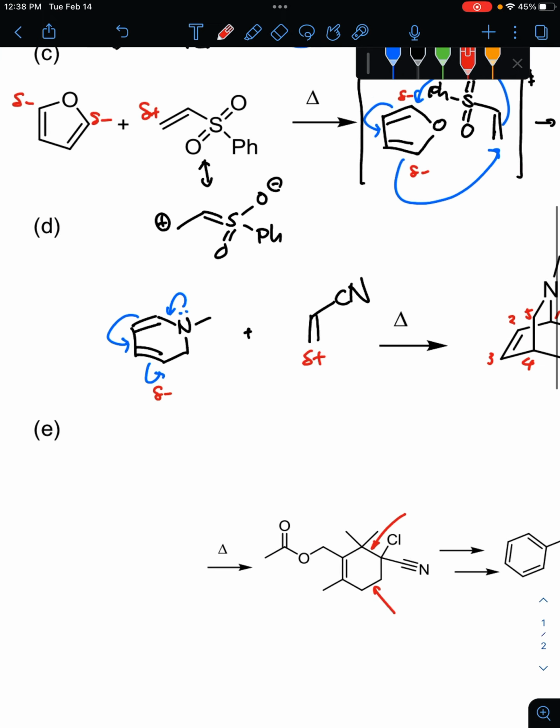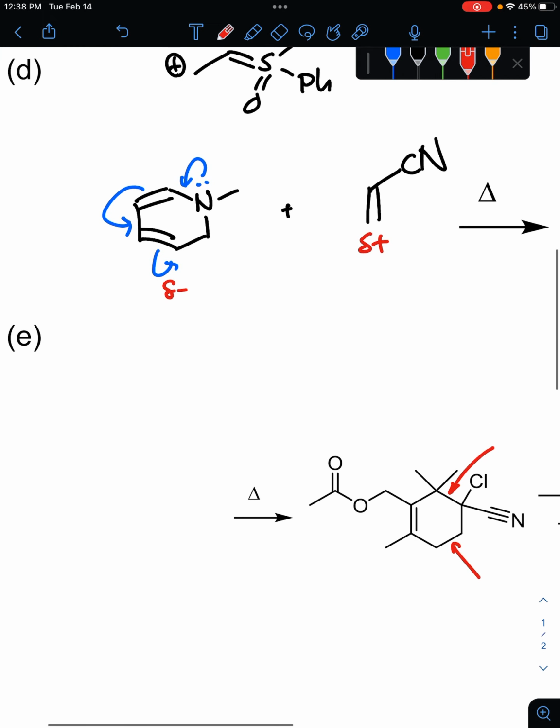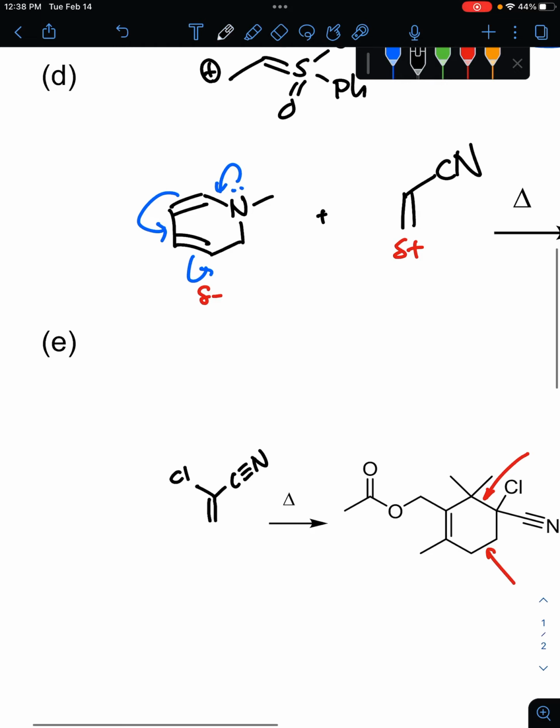So what do we get if we break those two sigma bonds and gain two pi bonds? The dienophile will be this, okay? So that's the dienophile.